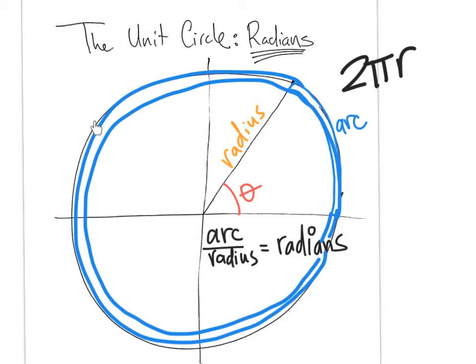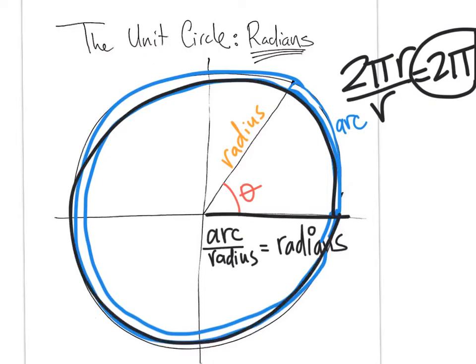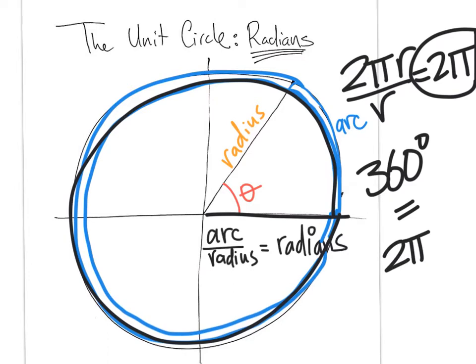So that would be the length of the pizza crust, or arc, and we would be dividing that by the radius. And 2 pi r over r is, you guessed it, 2 pi. So we say that an angle that goes all the way around, or 360 degrees, is 2 pi radians. So here's our equivalency. 360 degrees equals 2 pi radians.